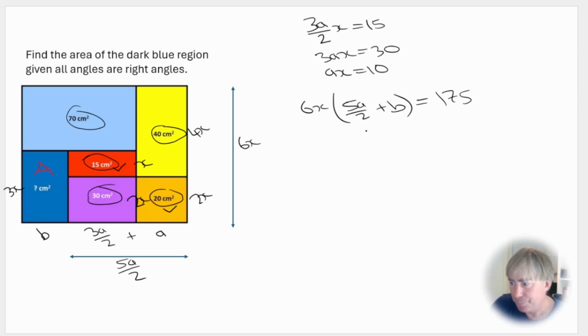I'm not going to put any units in. Expand this out, so that's going to be 30ax over 2, so that's 15ax plus 6bx, to be consistent, equals 175. Oh, I haven't actually added the all-important thing we're trying to find, plus a.